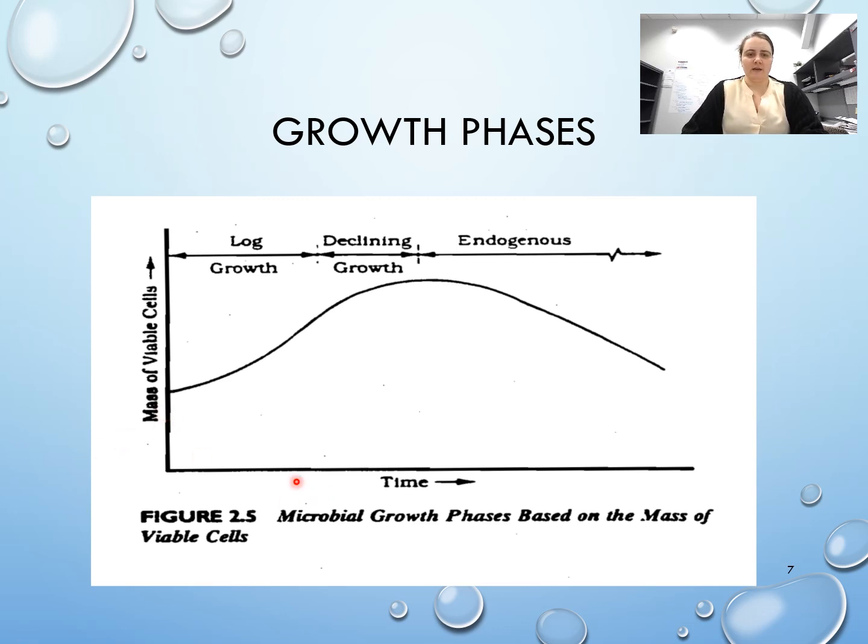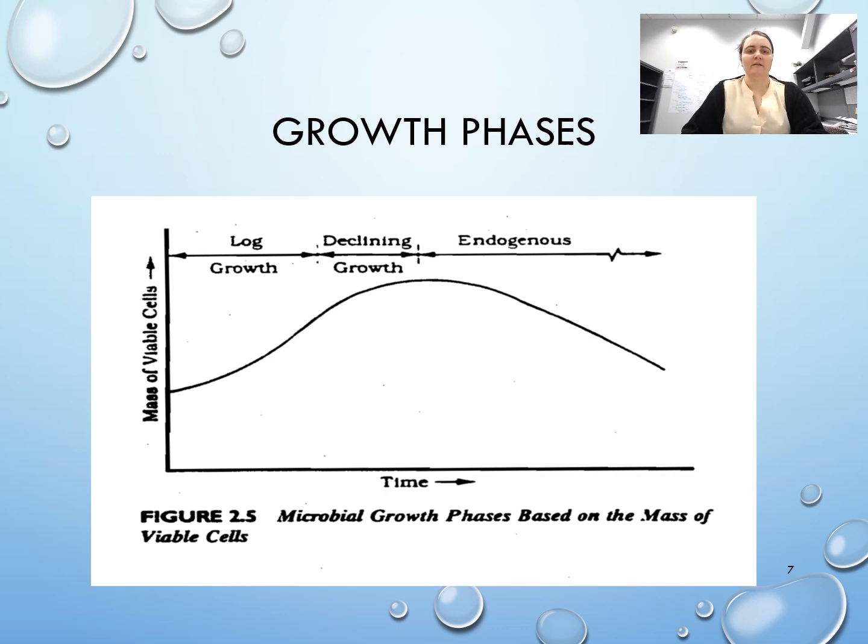So basically over time, we have time on the x-axis, we have number of viable cells on the y-axis. We have a log growth phase where everything is happy, we have enough nutrients, bacteria are dividing and reproducing. Then we have declining growth, where we start to use up that substrate and that nutrient, and then we have that endogenous decay phase where there's not enough nutrient anymore, not enough substrate.